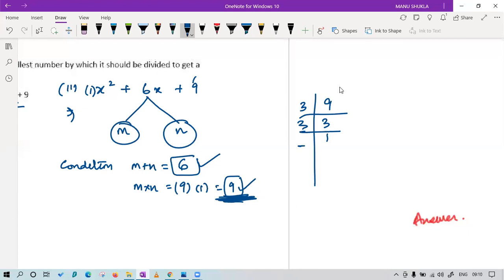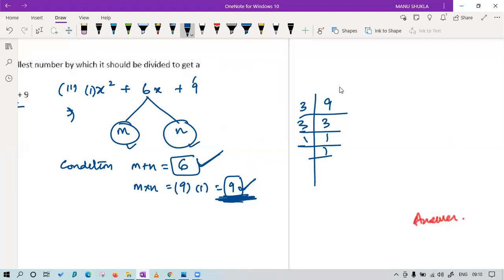Now, Prisha, tell me, if the sum is positive and the product is positive, what can you say about the sign of M and N?